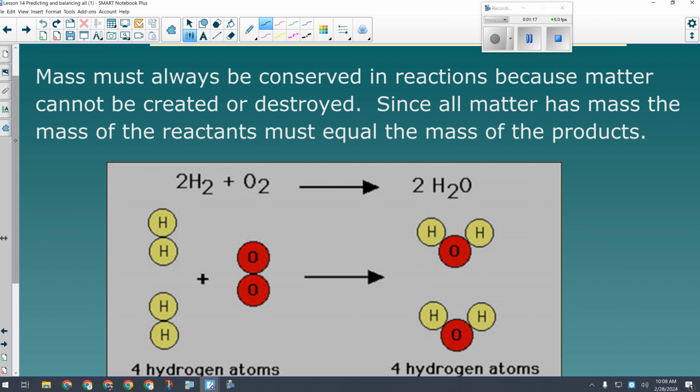And when those react, we end up with 2 molecules of water, each molecule containing 2 atoms of hydrogen and 1 atom of oxygen, still giving us a total of 4 hydrogens and 2 oxygens. That's what those coefficients are for, just to make sure that we have the same amount of everything on both sides.